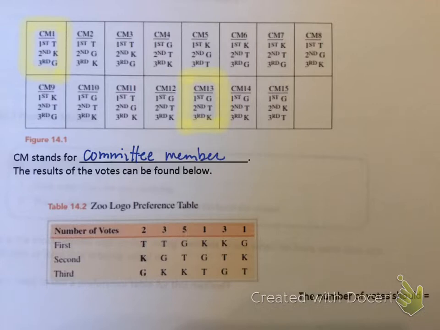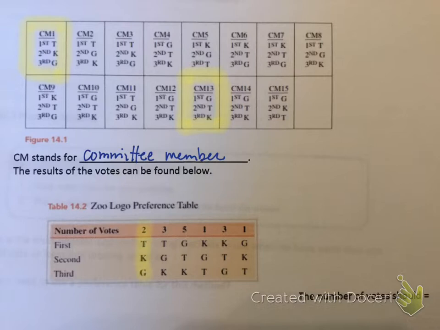Okay, so the result of the votes can be found below. If we take each person's ballot and organize them in terms of how they voted, we would see that two people selected in this order: first place tiger, second place kangaroo, third place giraffe. I'm going to highlight what I just said.